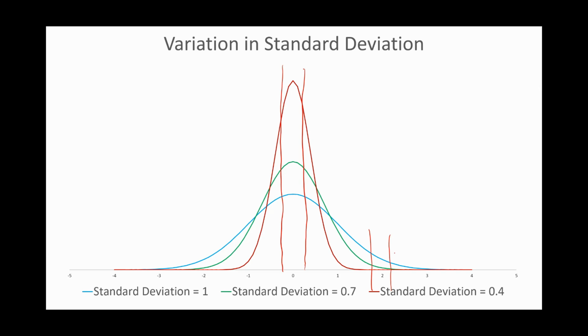It means if you were just to do the comparison, if you had a variable and it followed the blue distribution, it would be much more likely to find a value around 2, for example, than it would be to find a value around 2 for the red distribution. Okay, so standard deviation tells us about how widely distributed the distribution is.